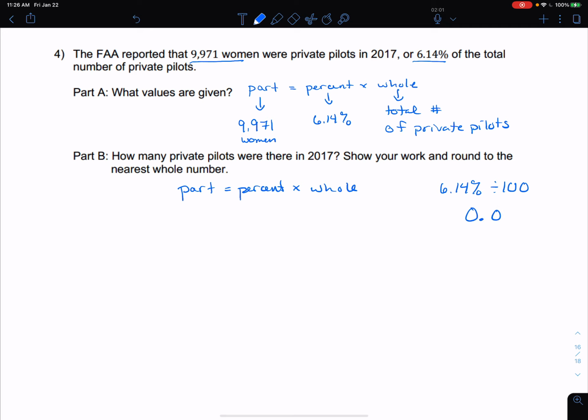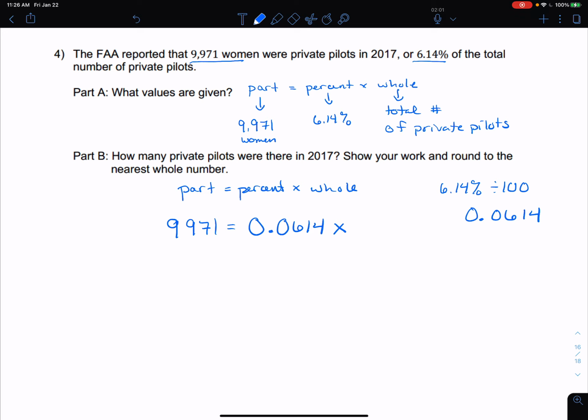If we do that, we'll have 0.0614. So we'll have 9,971 equals 0.0614, and we don't know the whole, so it'll be times x. I'm going to use x to represent the whole.